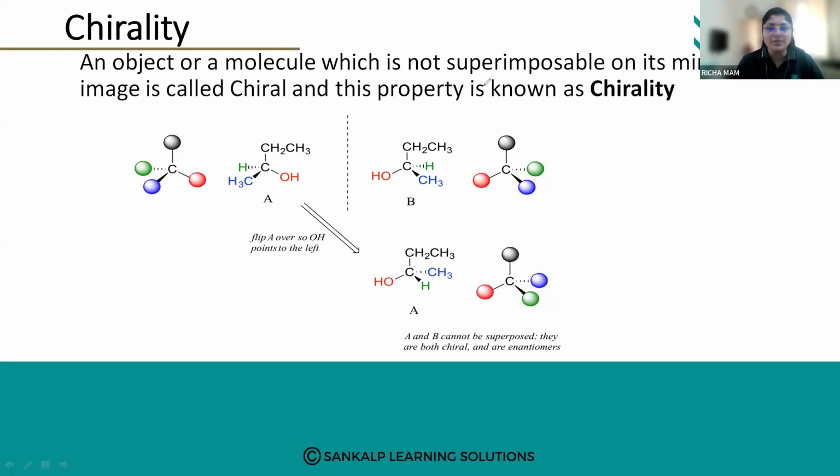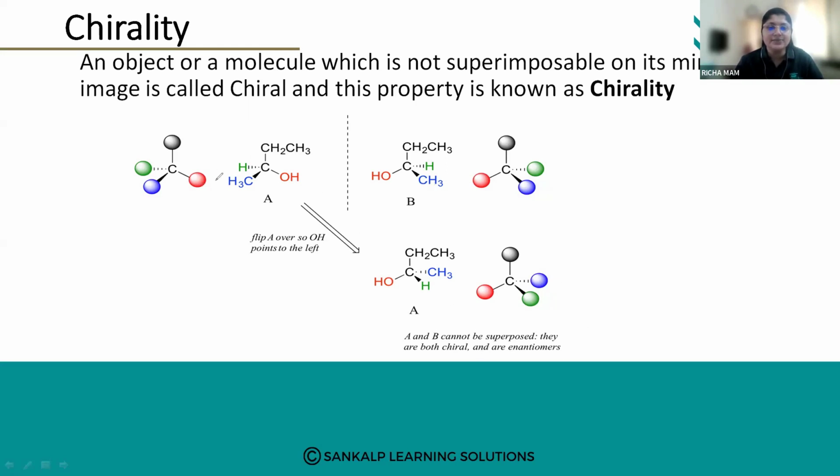Take your two palms, put one on the other, and see whether your left hand thumb coincides with the right hand thumb and the other fingers. No. So this property is called chirality.